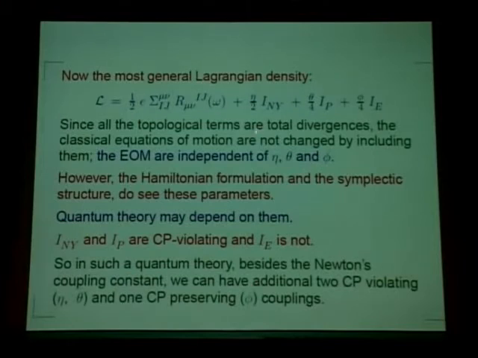So the coefficients eta and theta are CP odd, and phi is CP even. So what we have is a quantum theory of gravity which, besides Newton's coupling constant, has two additional CP violating coupling constants, eta and theta, and one CP preserving coupling constant.